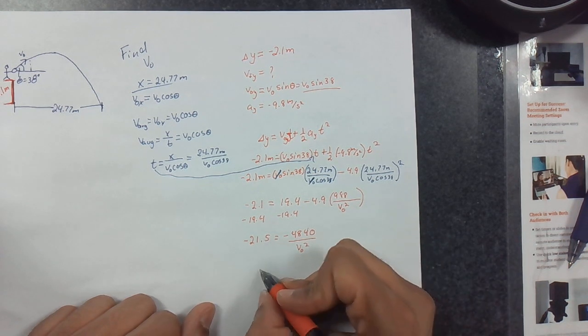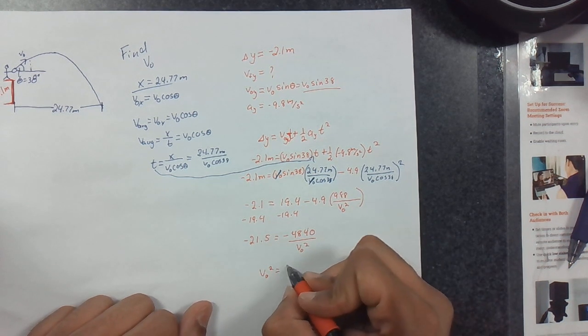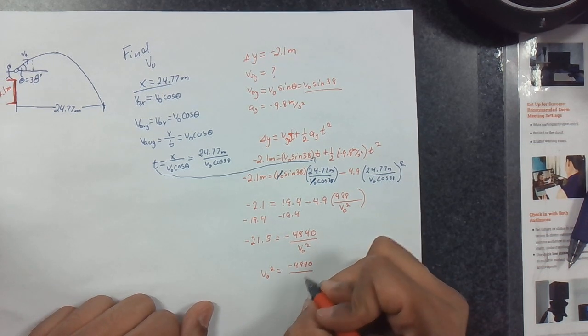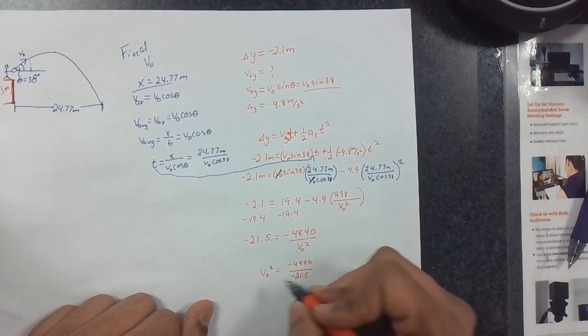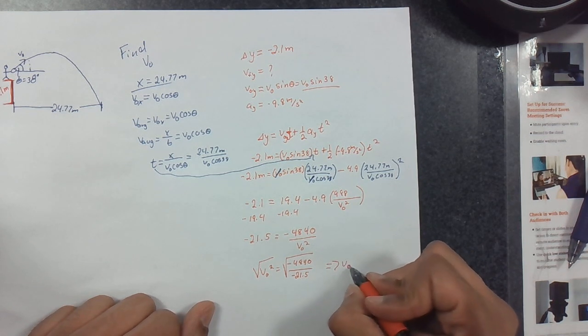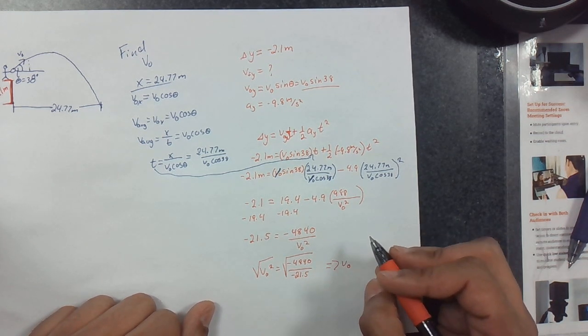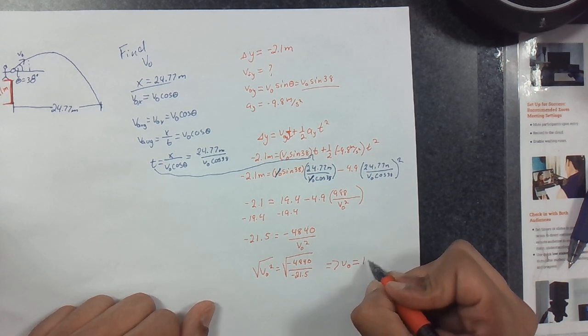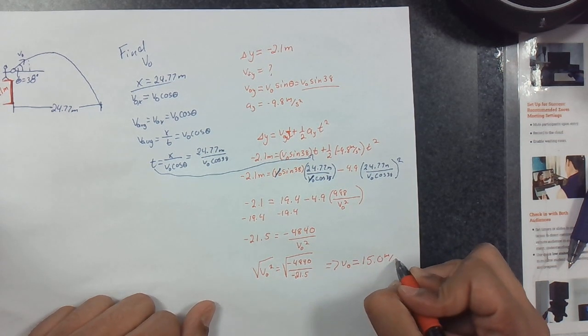Cross multiply, so v naught squared is equal to minus 4,840 divided by negative 21.5, and then we square root that, so v naught is equal to 15 meters per second.